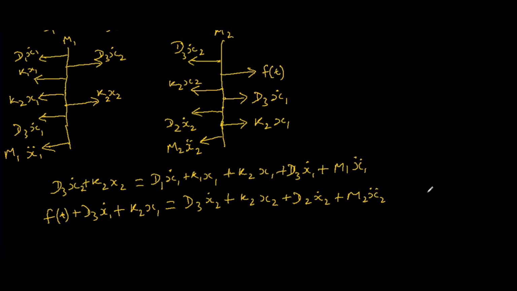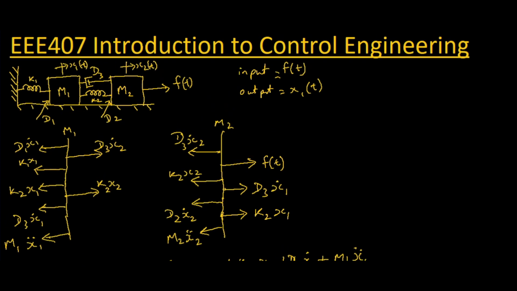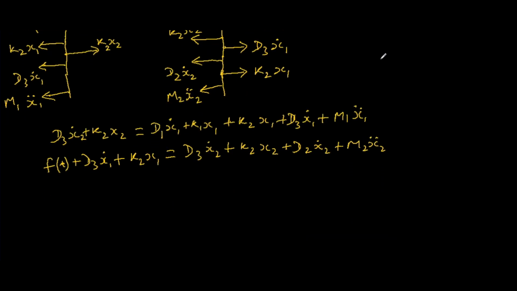Just to remember, what are we hoping to arrive at? We're hoping to arrive at a transfer function, and what is the transfer function we want? Output we specified is x1, input we specified is f of t. So we are hoping to arrive at x1 of s, all divided by f of s. This is what we want to arrive at.